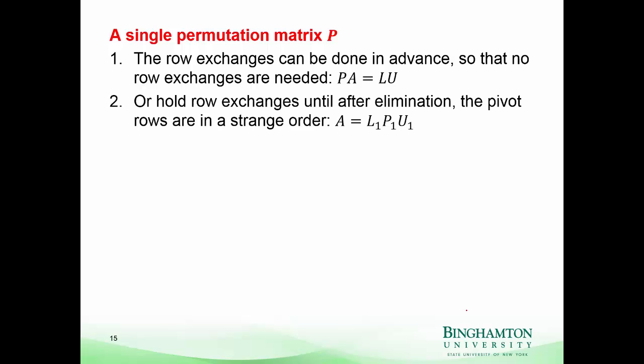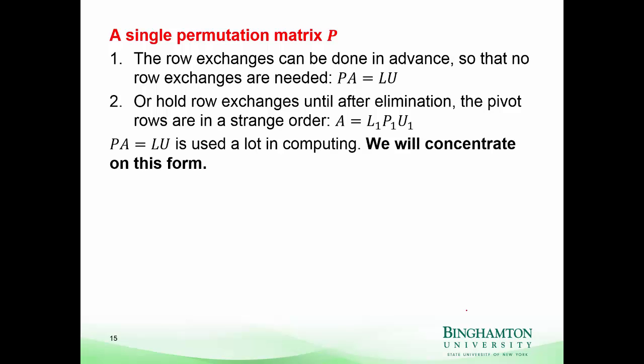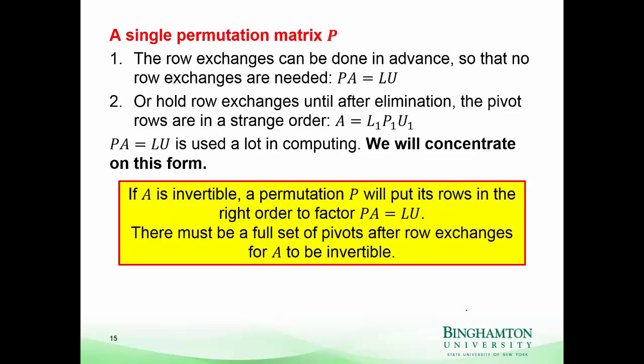Or we can wait until after the elimination, and then our pivot rows are in some odd order, and then we permute those with some matrix P1. We're going to concentrate on the first approach here, because that's really the more common way to do this.